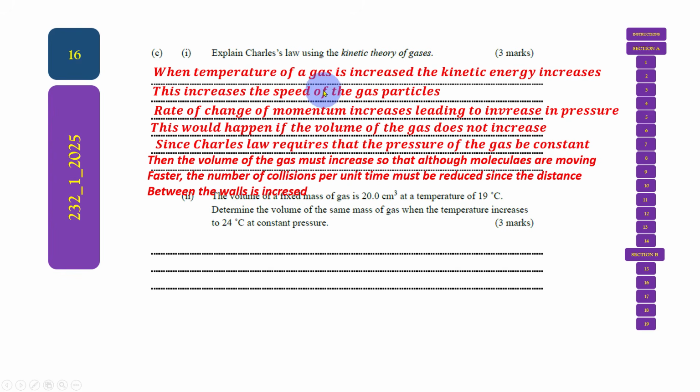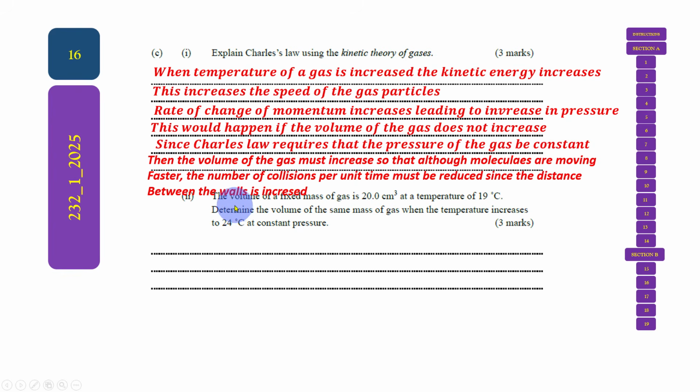Like I said, you have to pick a number of points from this. So it pays to know how the kinetic theory can be used to explain the other two laws, Boyle's law and pressure law, because any one of them could be picked.